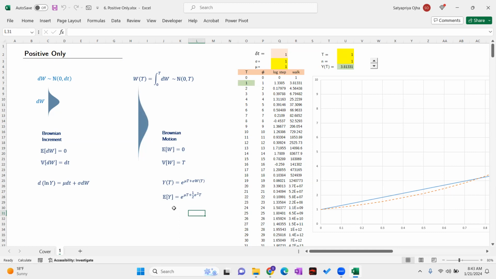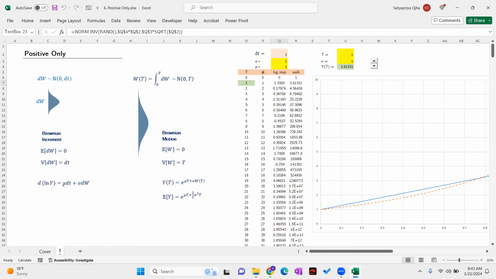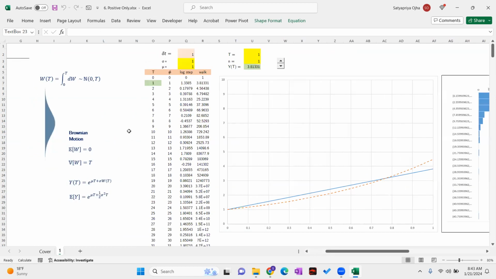Wikipedia has a nice summary of this. But to go from here to here, you need to know stochastic calculus. That is what we will start with as part of this course. Okay, some animation. So instead of step, I'm taking log step as exactly what I have defined here. Change in log step.